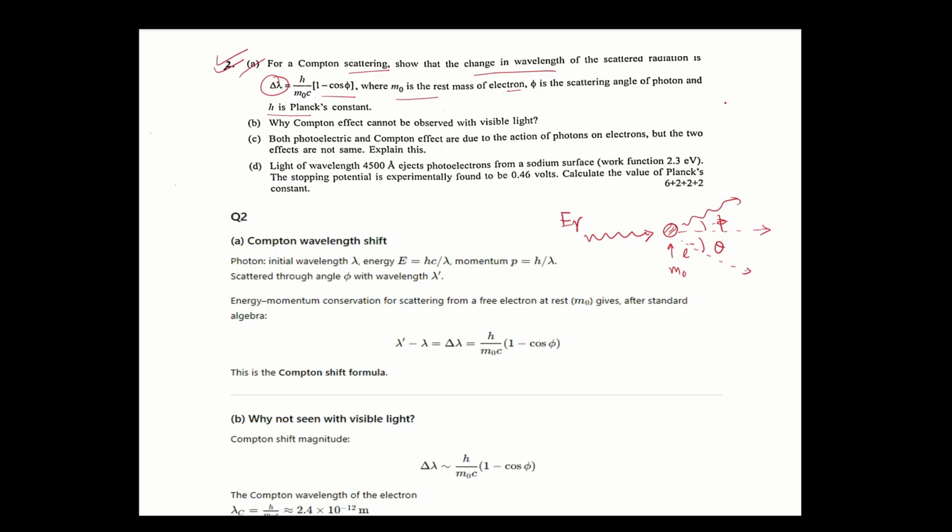Firstly, we have to implement the momentum conservation law in both directions, along x and along y, because the scattered photon and scattered electron have two different components of velocity along the x-axis and along the y-axis, so we have to consider both the x component and the y component.